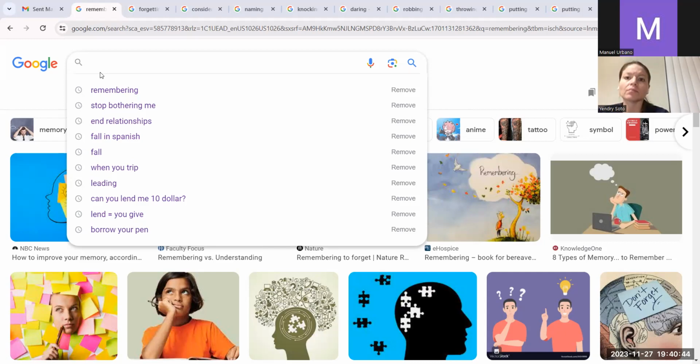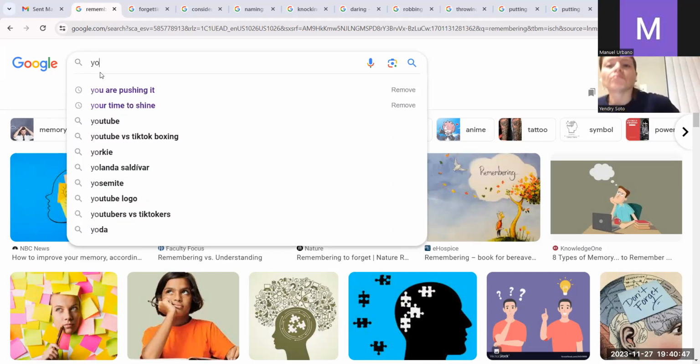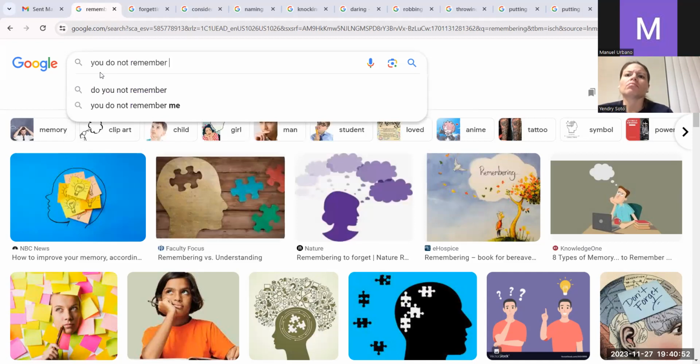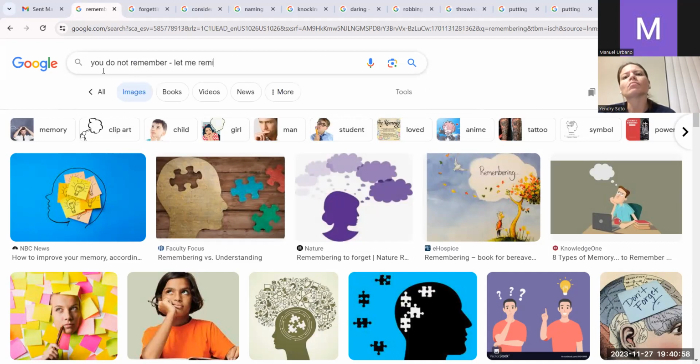So, for example, let's say that you do not remember something, and I say, okay, Gendry, let me remind you that you have to work on Friday. So remember is when you do it, but when you want somebody to remember, you remind them. So recordar y recordarle, that will be the difference. It's not remember, it's a different word, it's remind.